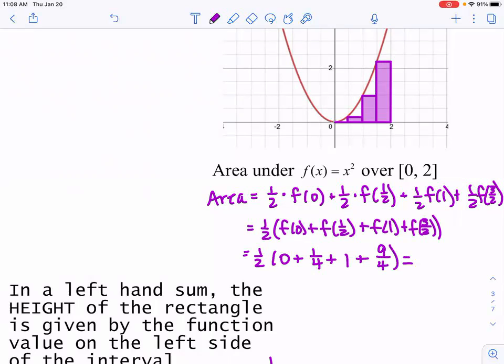Okay, I'm getting these 4 numbers because I'm evaluating our function heights. Cool. What's our area? It is 7/4.